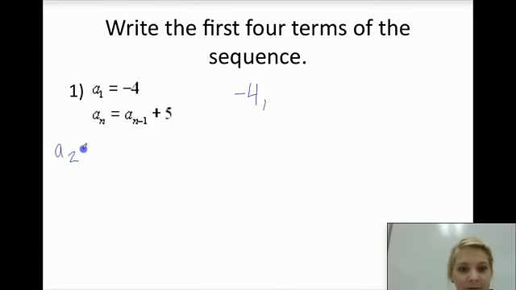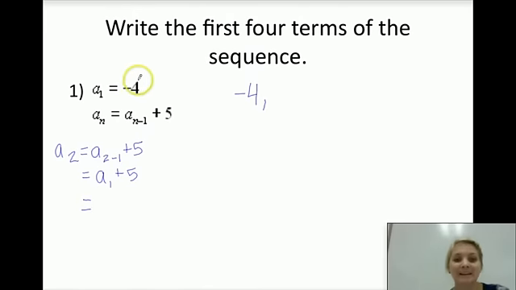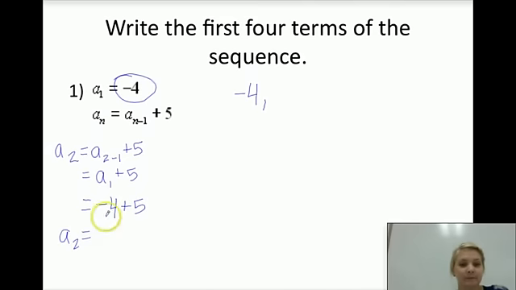So we have a sub 2 equals a sub 2 minus 1 plus 5, which equals a sub 1 plus 5. Now here we have to know what the first term is. We're given what that first term is. So we're going to substitute -4 in for a sub 1. So our second term, a sub 2, equals -4 plus 5, so it equals 1.